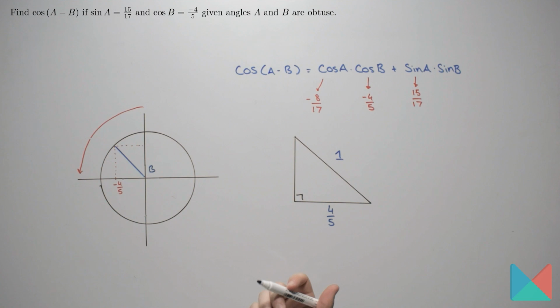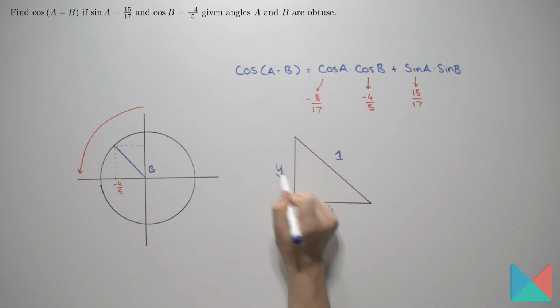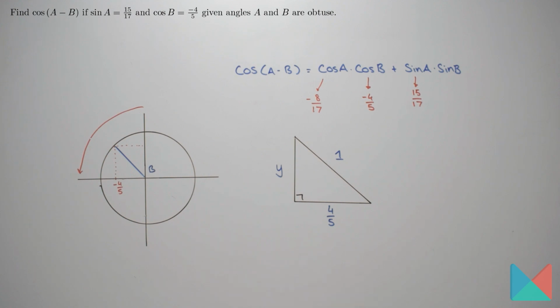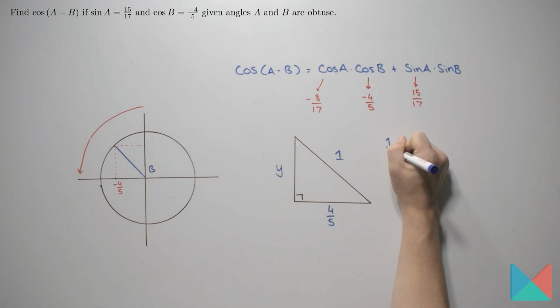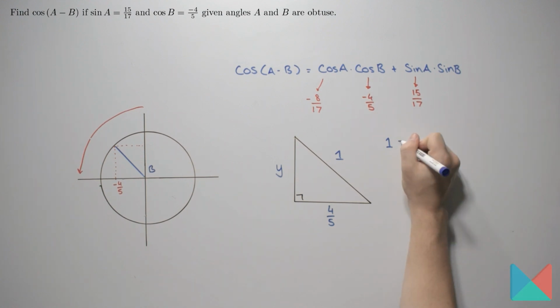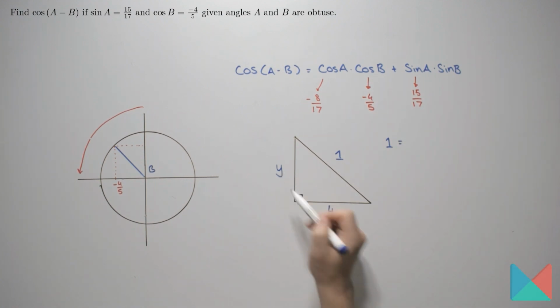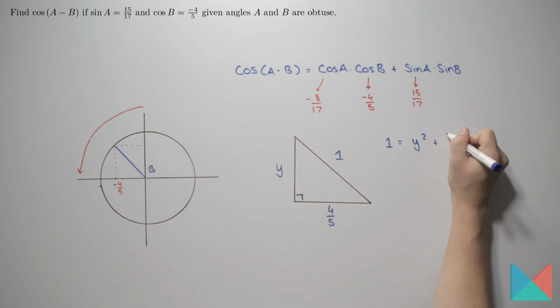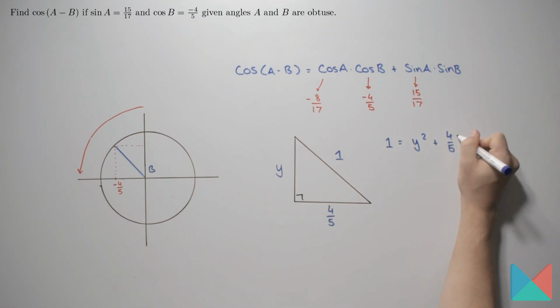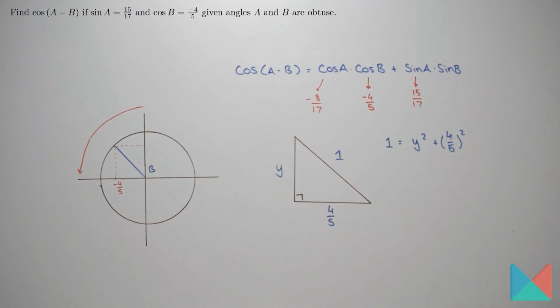And so let's label this height as y, and we can solve this by using the Pythagorean theorem. And remember, the Pythagorean theorem states that our hypotenuse squared, which is 1 squared, which is just 1, is equal to the sum of the squares of our other sides. So y squared plus 4/5 squared. And if we solve this on our calculator, we're going to get two solutions.